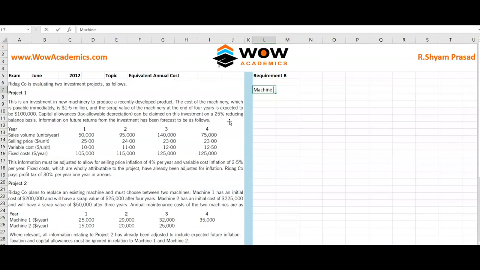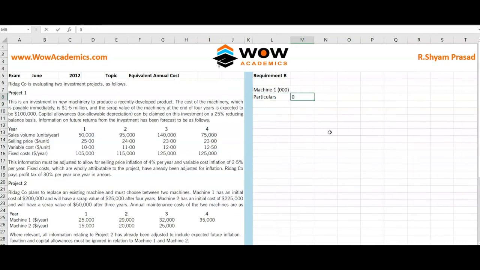So machine 1 option will start. All the numbers we are going to work out in terms of thousands. We'll start from particulars, from the 0th year. Machine 1 is going to be operated for 4 years.